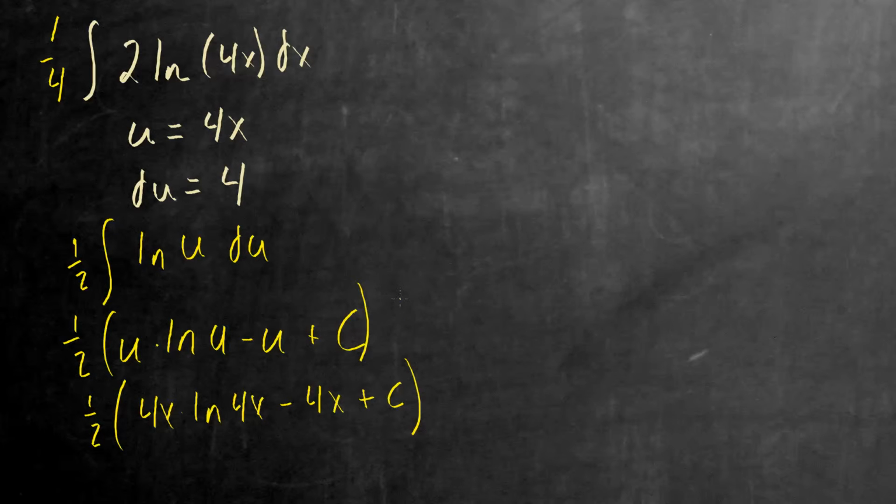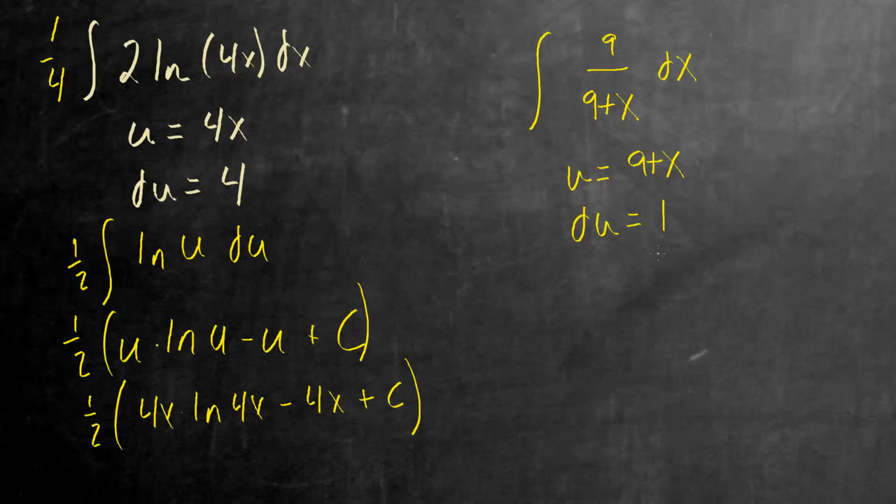That'd be just fine. And f, the integral of 9 over 9 plus x dx. u is 9 plus x. du is 1. So we really have 1 over, we have 9, I guess.